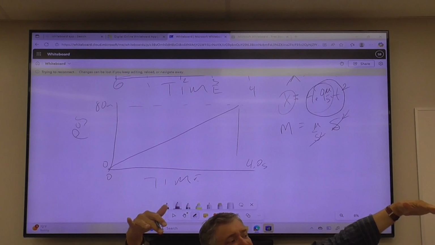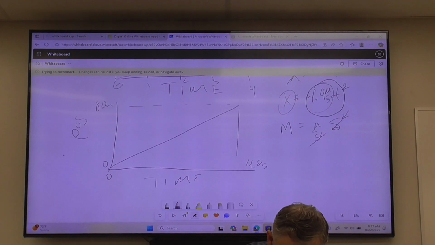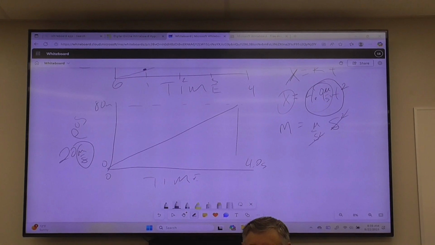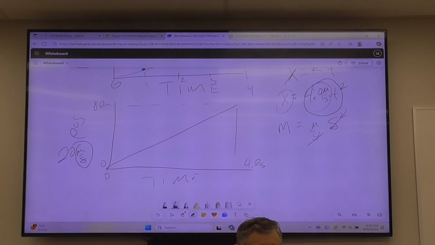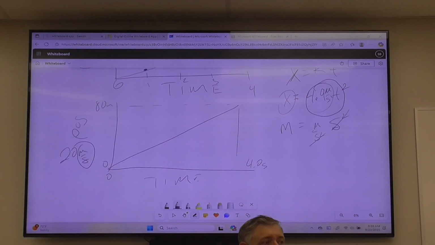So, if we're in physics class, which we are, then we can say the slope is 20 meters per second. What physical quantity is measured in meters per second? Velocity. So, this is why I said this is a huge caveat: if it had been a linear function, the slope would represent what?